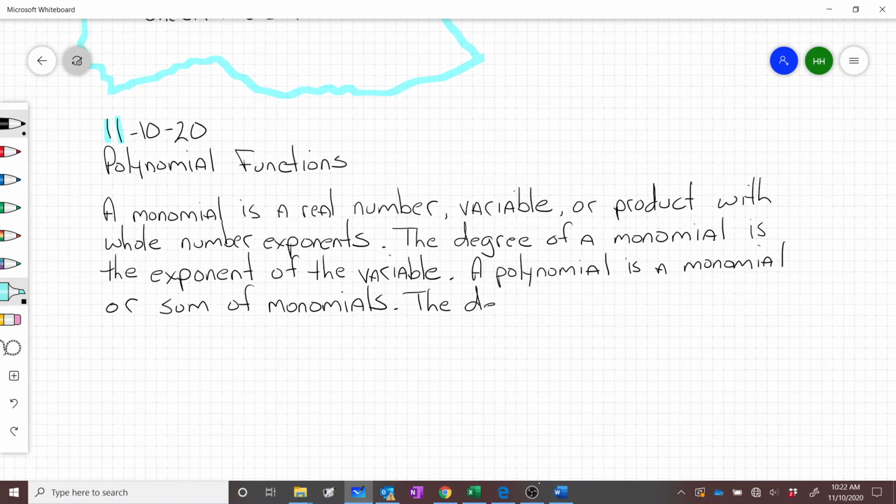The degree of a polynomial is the greatest degree among its monomial terms.